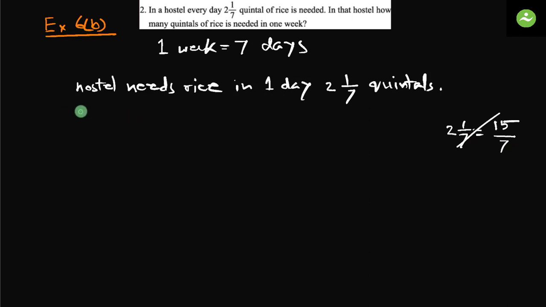So we can write that the hostel needs rice in 1 day 2 and 1/7 quintal, which equals 15 over 7 quintals.